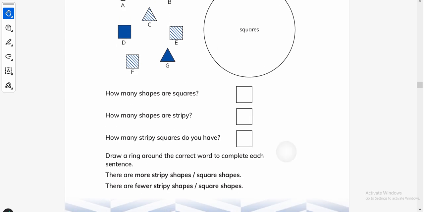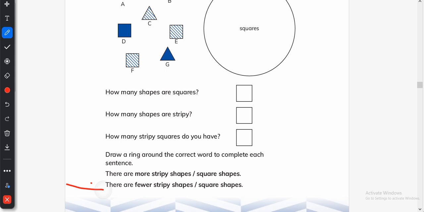I'm reading this one: there are fewer stripy shapes than squares. There are fewer square shapes. Square shapes are less. So there are fewer square shapes, and there are more stripy shapes.